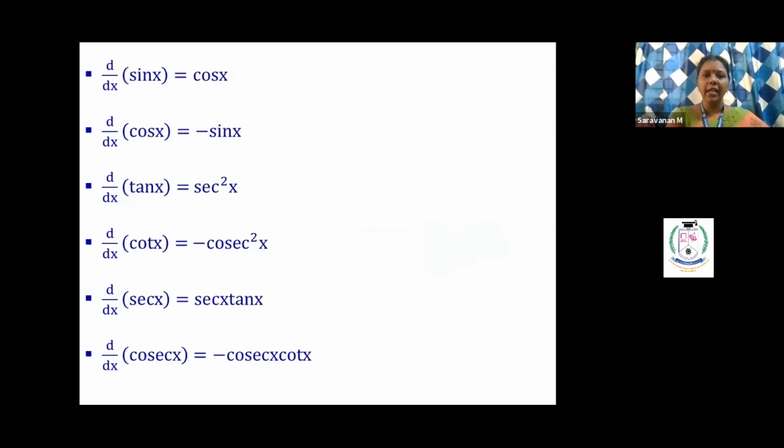And the derivative of sin x is cos x. Cos x is minus sin x. Tan x is secant squared x. Cot x is minus cosecant squared x. The derivative of secant x with respect to x is secant x tan x. All the derivatives are with respect to x because we have the function in terms of x. d by dx of cosecant x is minus cosecant x cot x.